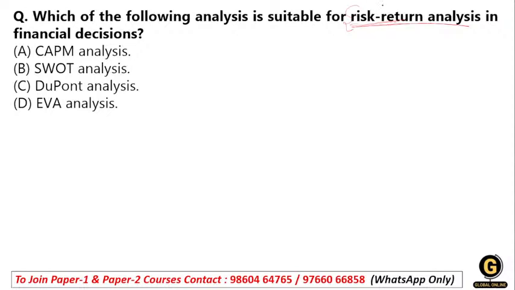We discuss financial decisions in our CAPM model, because the formula of the CAPM model is ER equals RF, that is the risk free return, plus beta multiplied by RM minus RF, that is your risk premium.